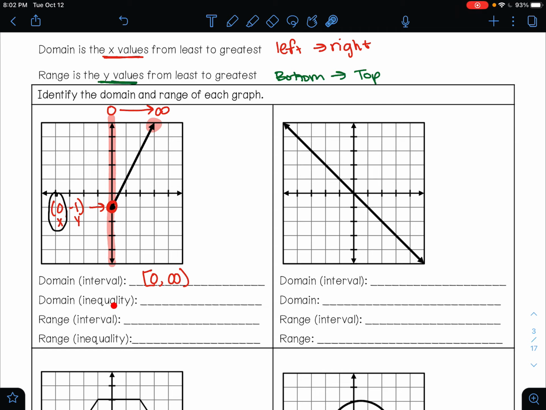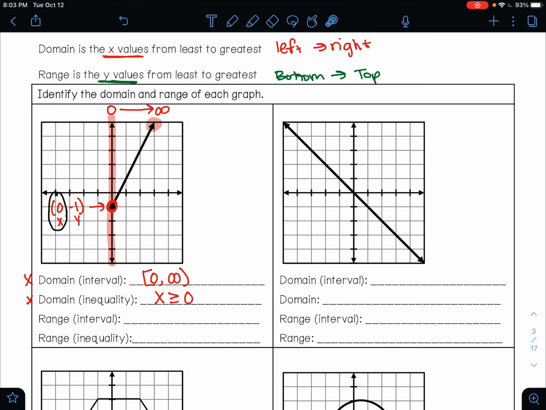As an inequality, your domain is always your x values every time. We start here at 0, and then we're going to the right forever. So everything is greater than 0. So this is going to be x is greater than or equal to 0. I know it's greater than because it's going higher.